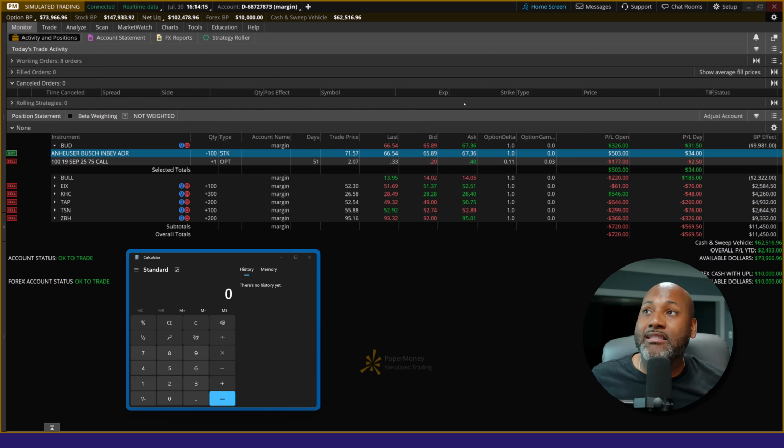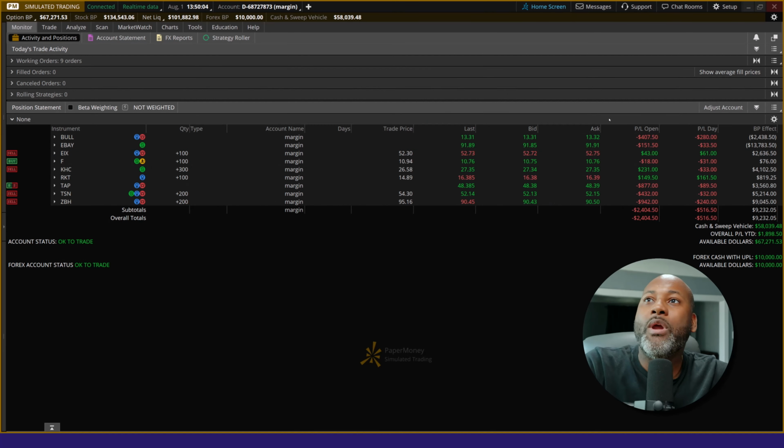The ask is the seller. The seller is saying, I'll sell it to you for $67.36. The buyer is always trying to buy it for less. So that's how you can tell the difference between the bid and the ask. The bid is the buyer and the ask is the seller. The buyer is always less than what the seller is asking for.